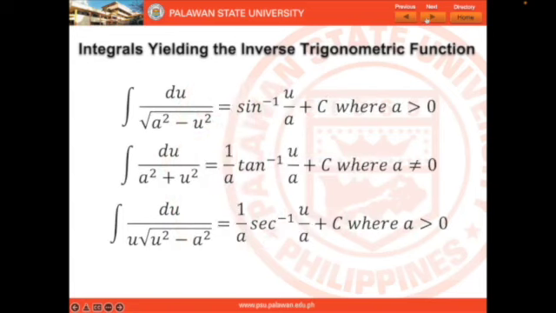So I think our best shot would be this pattern, which is du over a squared plus u squared equals 1 over a arctan of u over a plus c, where a is not equal to 0. So let's see how we can transform our denominator into a squared plus u squared.